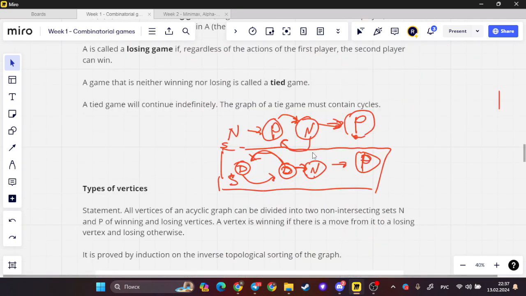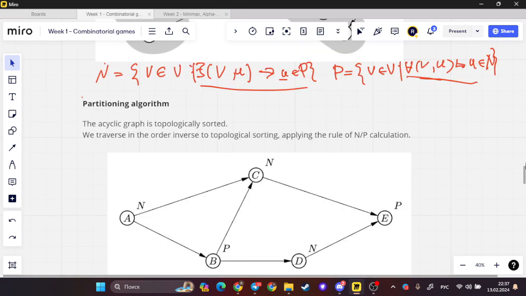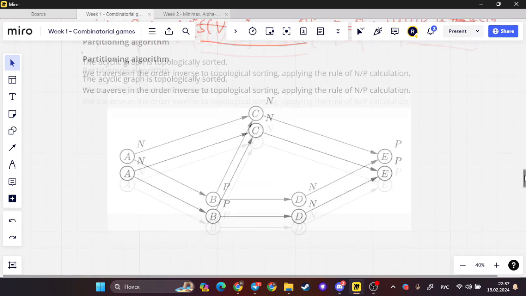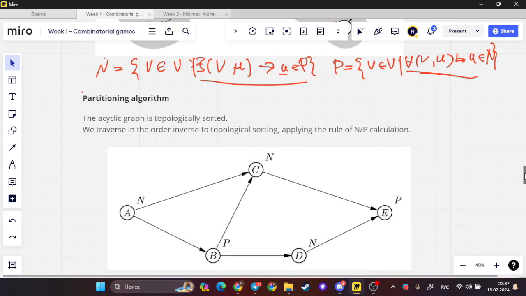We defined it like this: if the game continues forever, we get that the state is a D state.